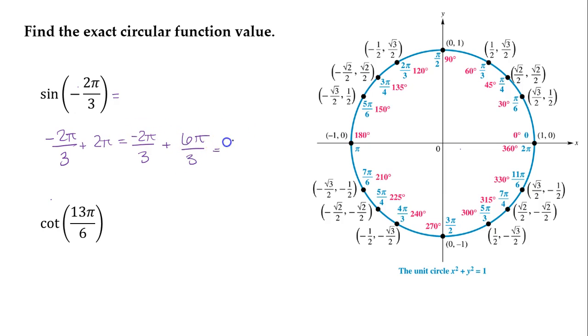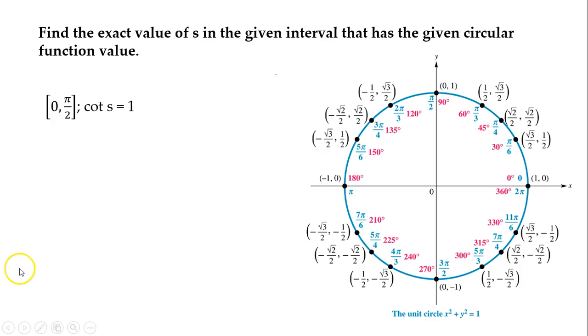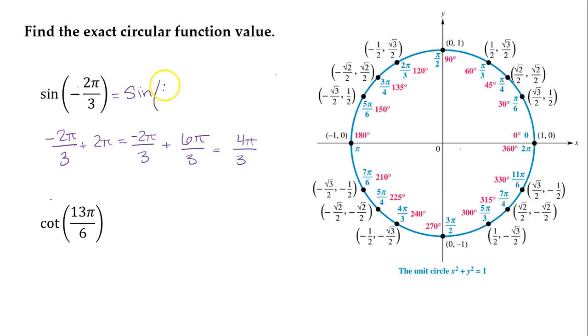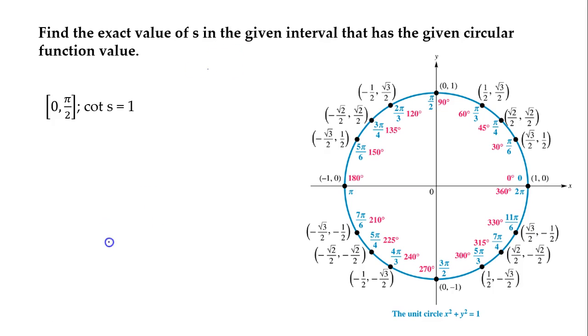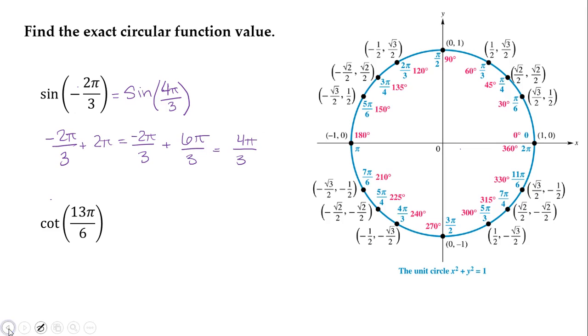Add that together, we get 4 pi over 3. So the sine of negative 2 pi over 3 is the same thing as finding sine of 4 pi over 3. Sorry guys for the jumping around. I'm having issues with my writing pad, obviously.